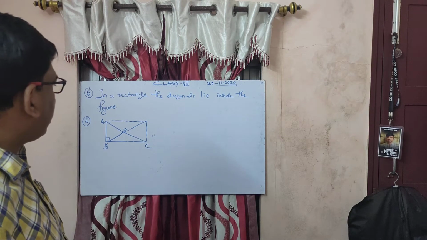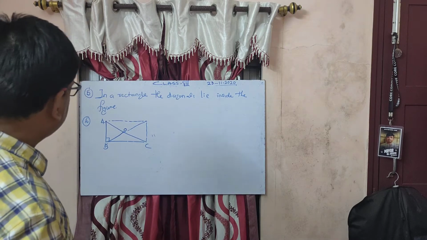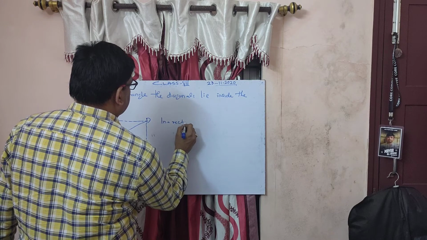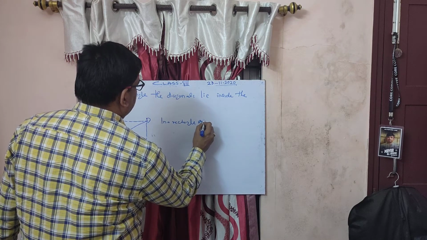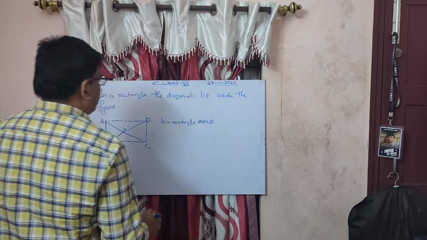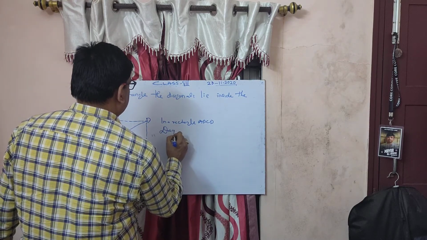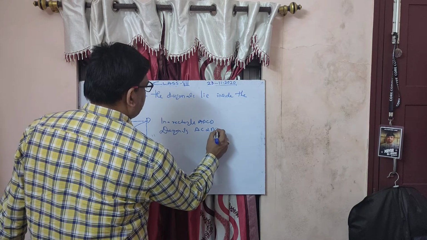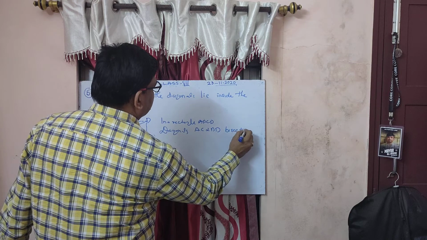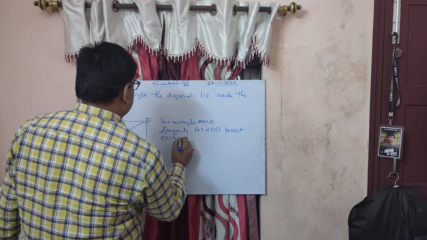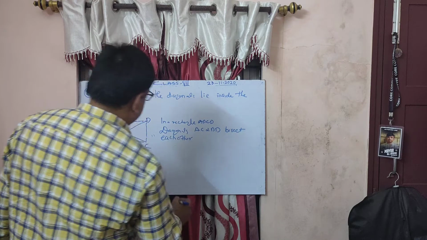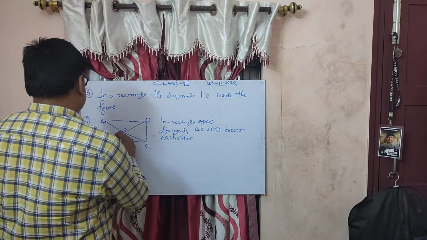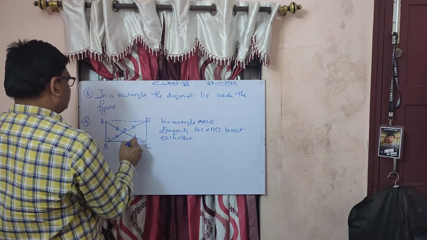In rectangle ABCD, diagonals, that is AC and BD, bisect each other. Bisect means this is equal to this and this is equal to this.